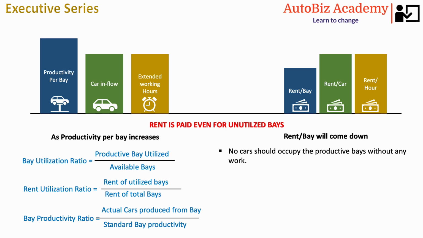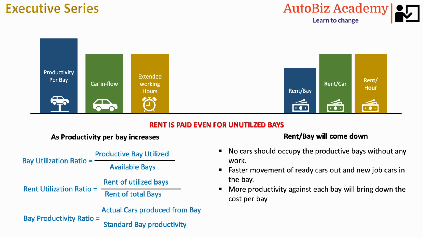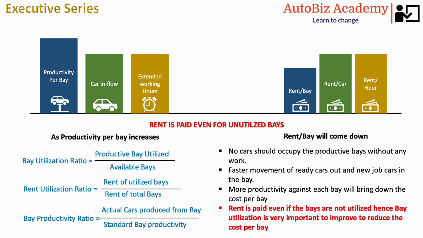No car should occupy the productive bays without any work. Ready cars should move out faster and new job cars should move into the bay. More productivity against each bay will bring down the cost per bay. Rent is paid even if the bays are not utilized, hence improving bay utilization is very important to reduce the cost per bay.